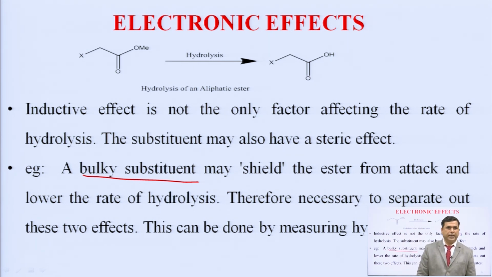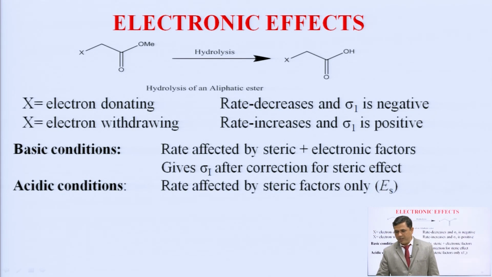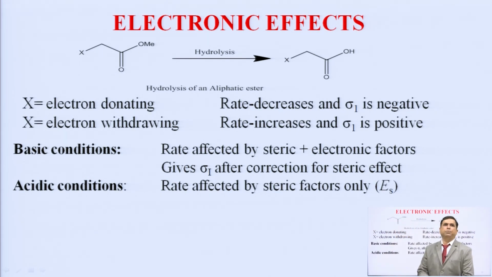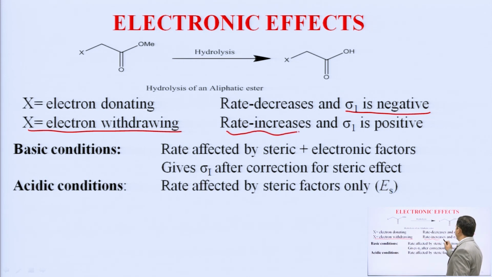Therefore, it is necessary to separate out these two effects, and this can be done by measuring the rate of hydrolysis of the ester. The electron donating groups decrease the rate when sigma I is negative. In the case of electron withdrawing groups, the rate increases and sigma I is positive.